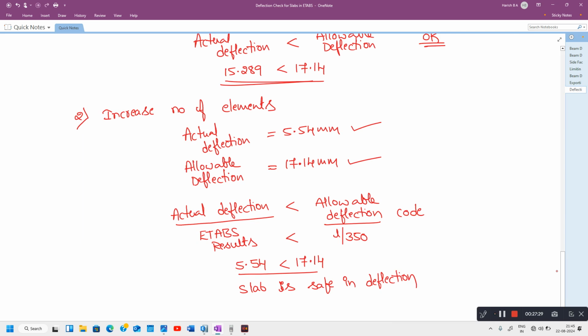So like this, you can optimize things. You can increase the depth of the beam. Finally, it should be well within the limits.